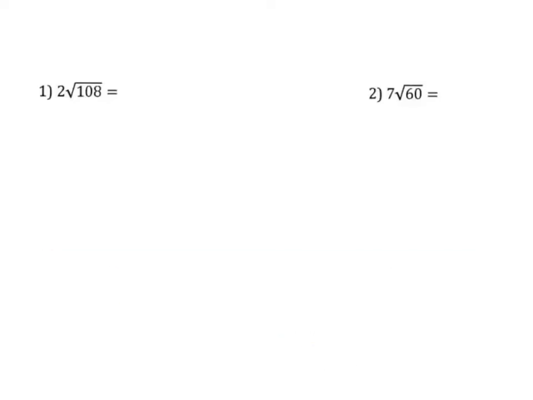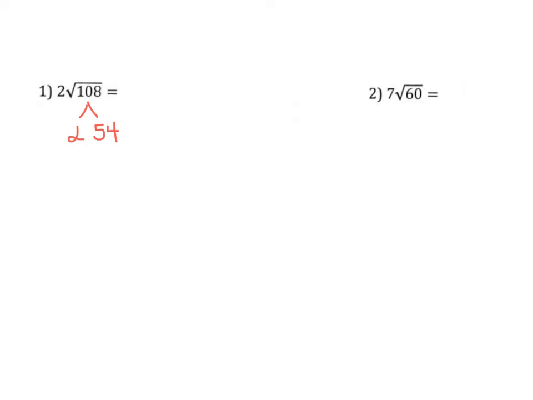So we're going to start with the first problem, which looks at 2 square root of 108. Now we can see 108 is not a perfect square. What do we decide we were going to do? We're going to factor it into a factor tree. So we have, let's use 2 and 54.